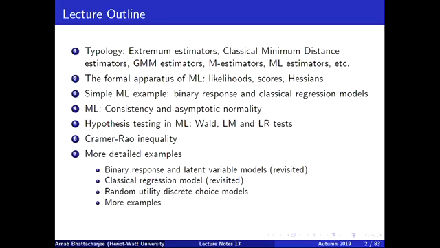Then we will talk about the asymptotic properties and testing, leading up to probably the most important thing here, this Cramer-Rao inequality, and together with another important concept as well, which I'm going to come to in a few minutes.